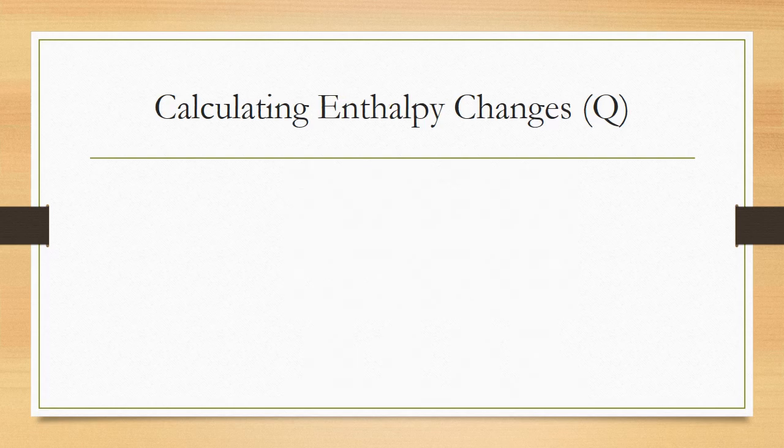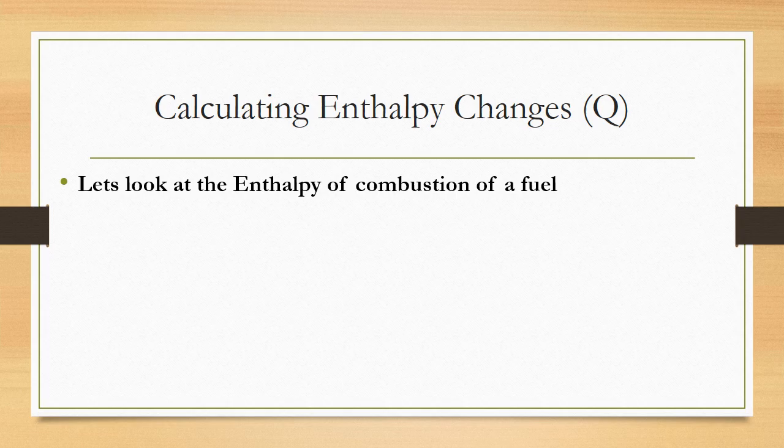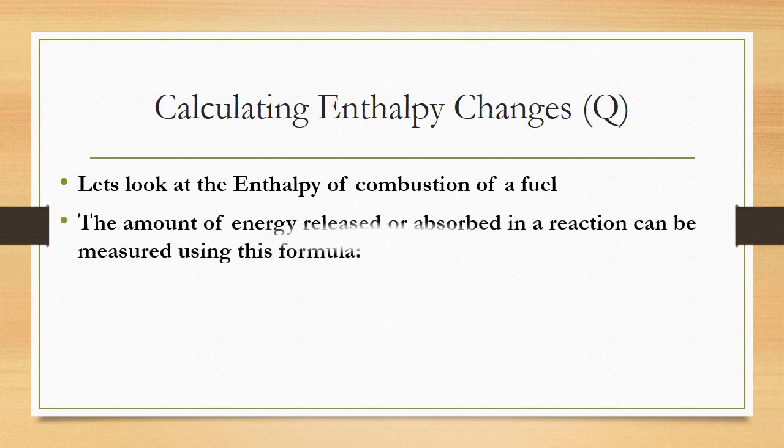So how do we do these calculations? Well, let's look at the enthalpy of combustion of a fuel. The amount of energy released or absorbed in a reaction can be measured using the following formula: Q equals M times C times delta T. Now you're probably thinking, what do those letters mean?